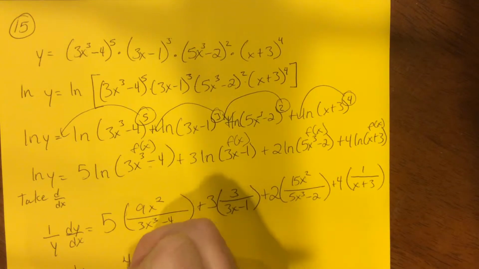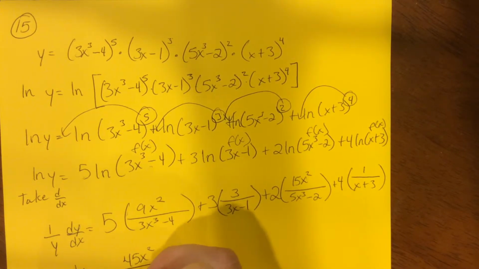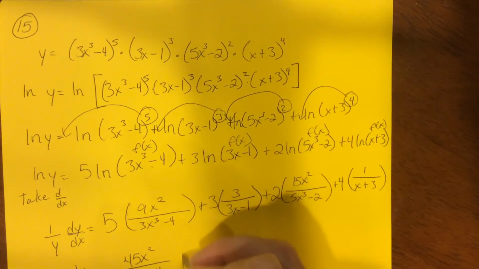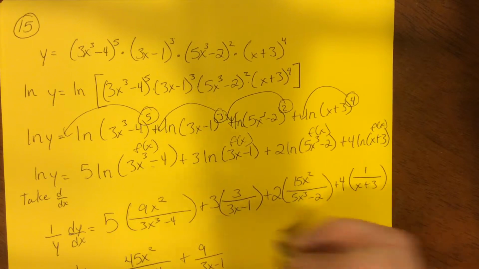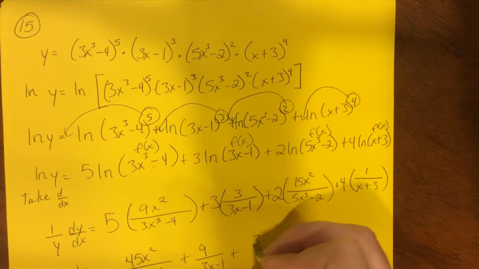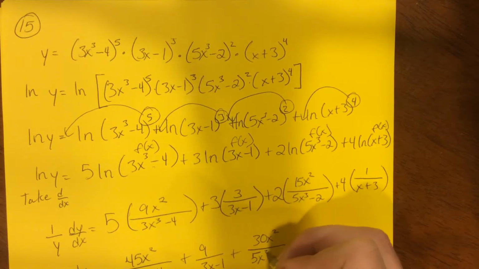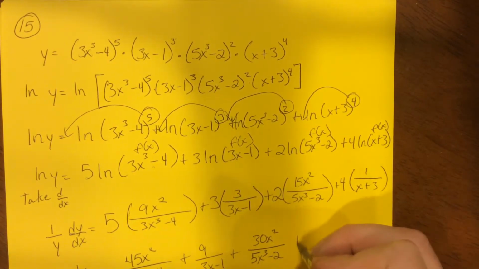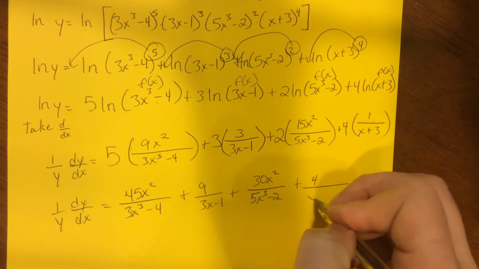That would give us 45x squared divided by 3x cubed minus 4, plus 3 times 3 is just 9 divided by 3x minus 1, plus 30x squared divided by 5x cubed minus 2, plus 4 divided by x plus 3.